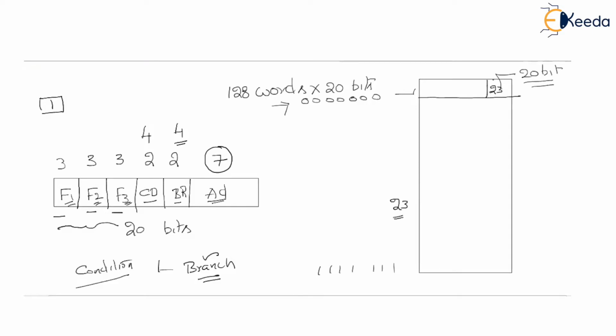In that case, the least significant 7 bits are going to specify an address field. Otherwise, if this instruction doesn't require a branch, these least significant 7 bits will simply specify the next micro instruction's address, that is 1. I hope you got it. This is 0, this is 1, this is 2.